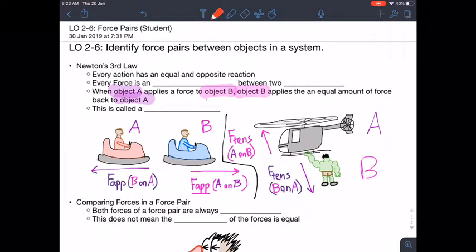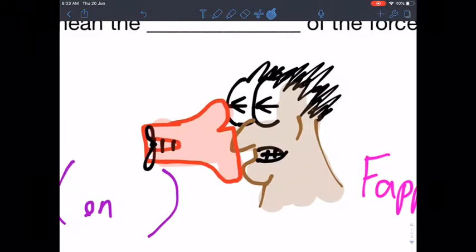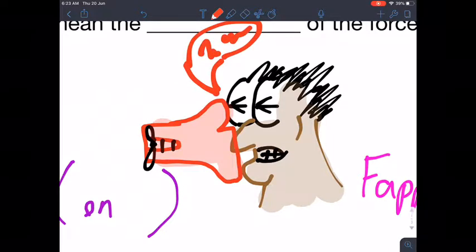But I really don't like that definition, and the part I don't like about that definition is this word, reaction. It makes it seem like what Newton was saying there is that first one thing happens and then another thing happens. So to look down at this example right here, people often think that action and reaction means something like this guy said something mean about me, and so I punched him, right?